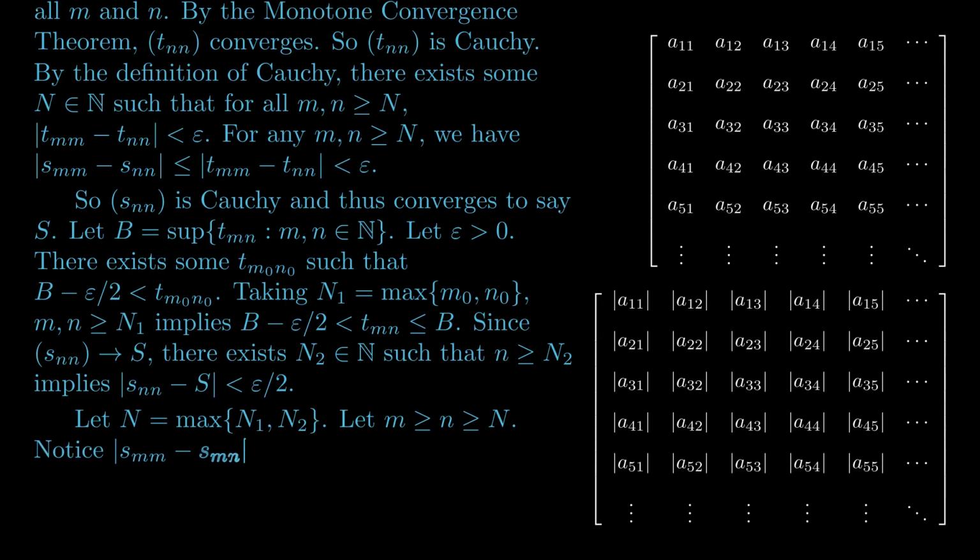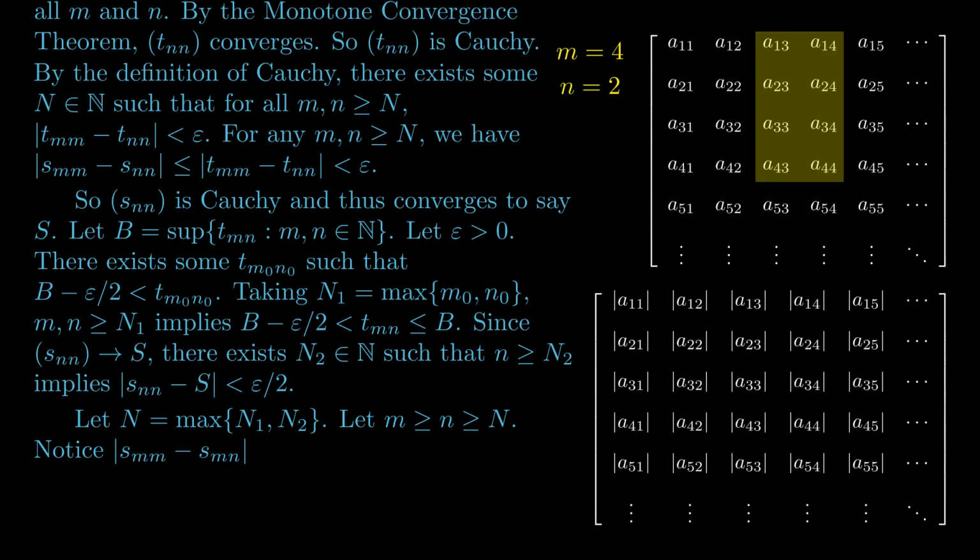Let's notice that the absolute value of the difference S_MM minus S_MN in our matrix corresponds to the absolute value of the total sum of all of the first M cells in these columns with index N plus 1 up through M. And so by the triangle inequality, this is less than or equal to the absolute values of each of those cells added up, which is expressed by the difference T_MM minus T_MN.